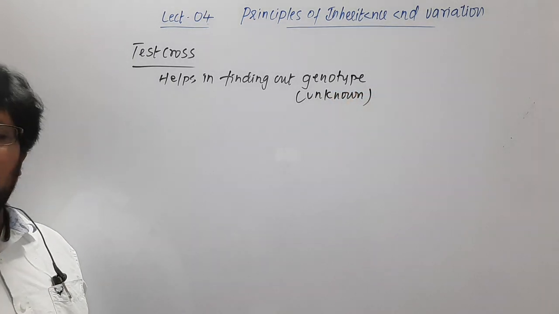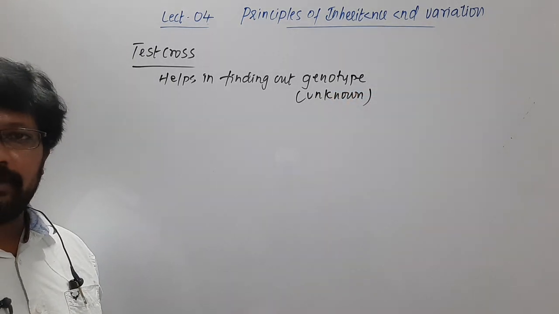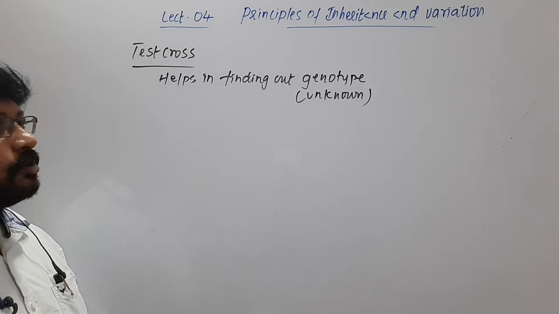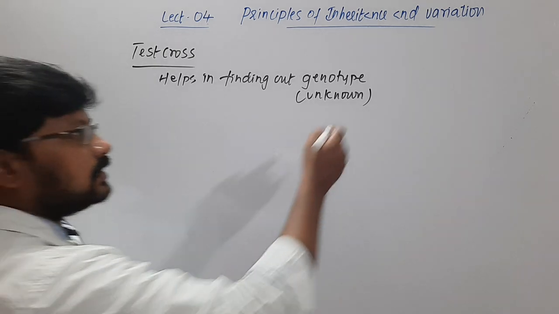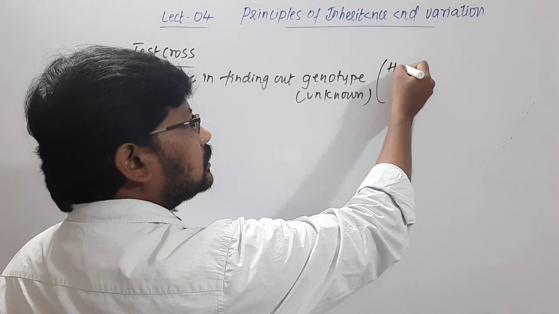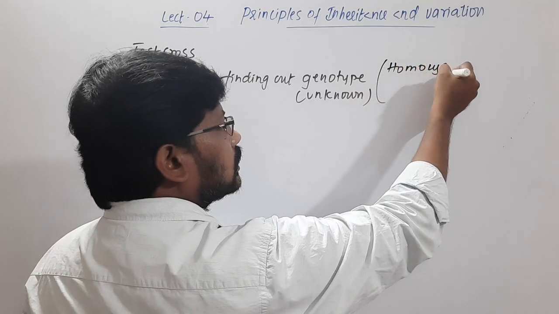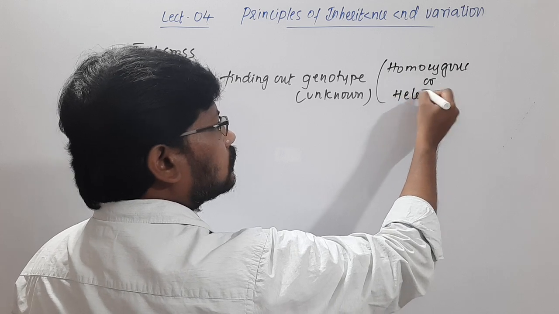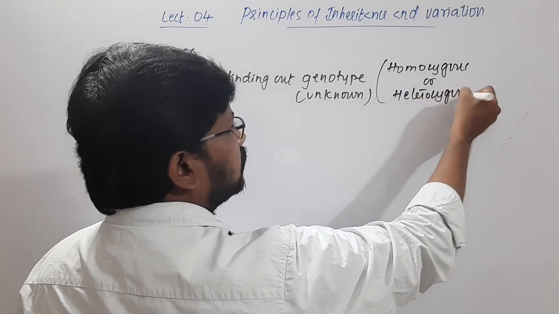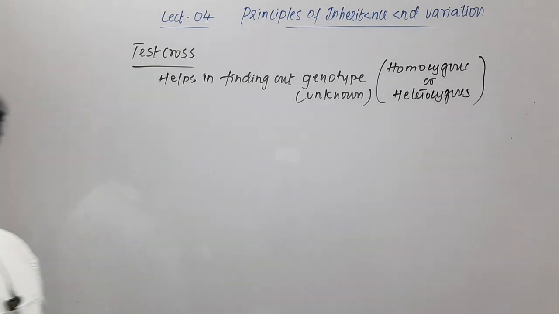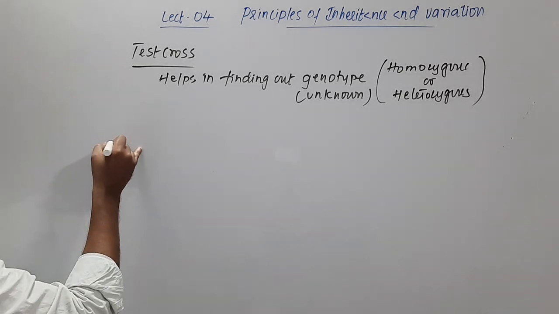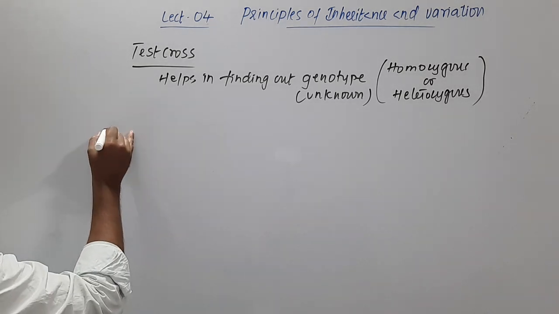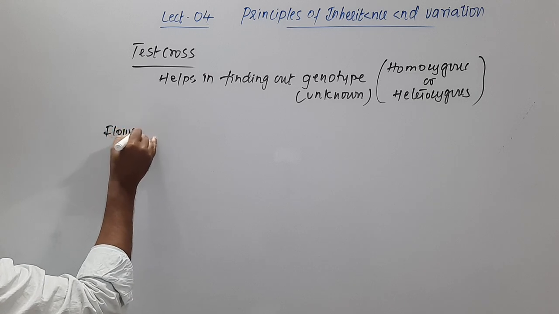When we do not know the genotype of an individual, the test cross will help us find out whether it is a homozygous individual or a heterozygous individual. To understand this, I will take one trait, that is flower color.